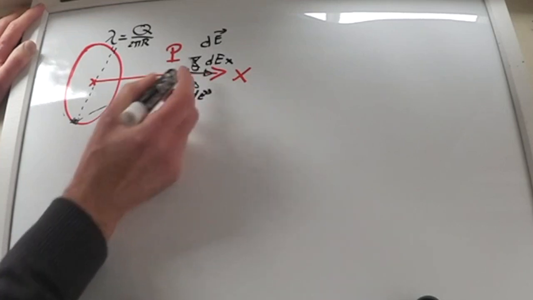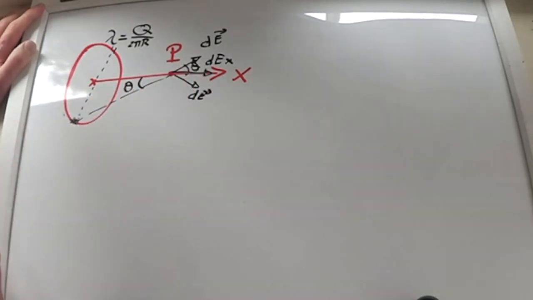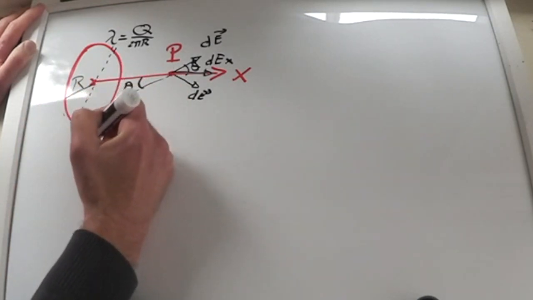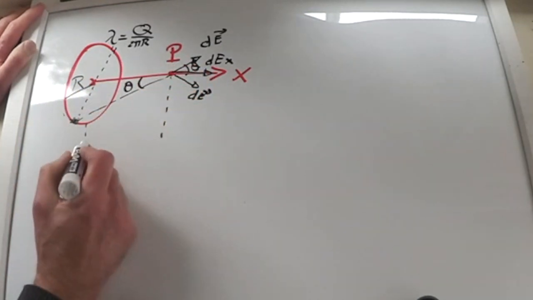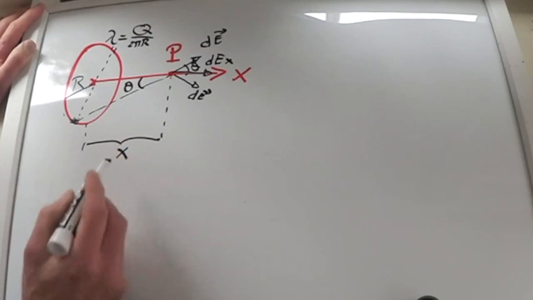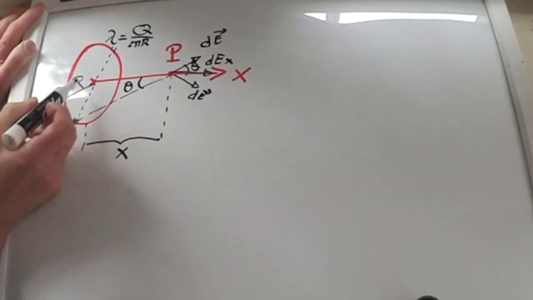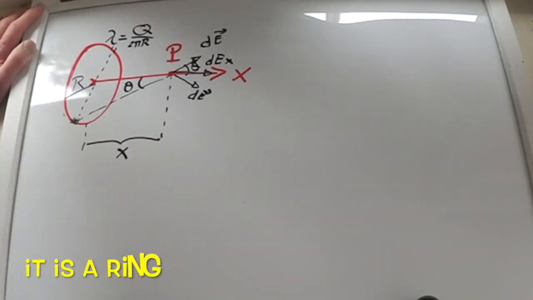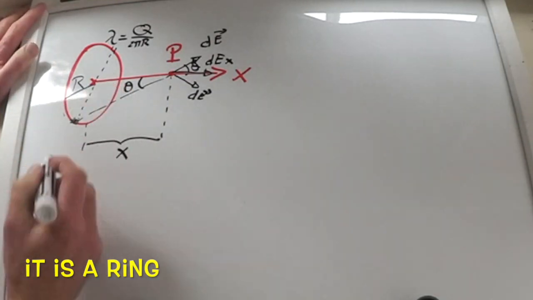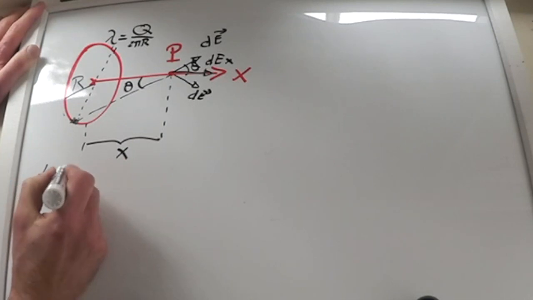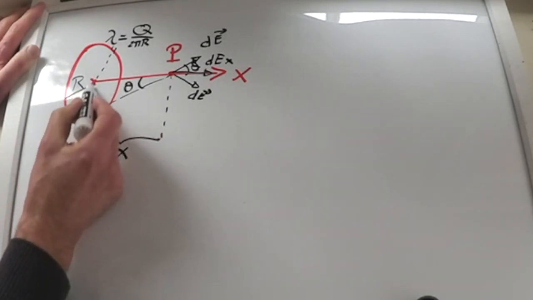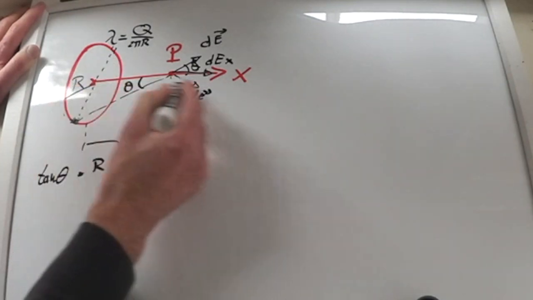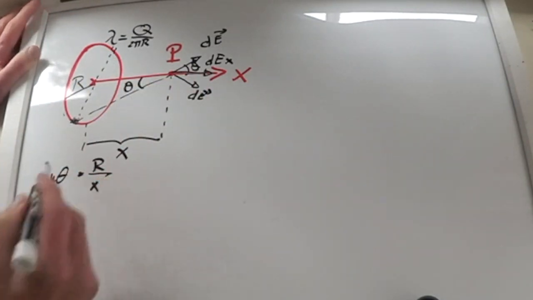So I will call this angle theta, which is the same as this theta. The radius of the ring is R. The distance from the ring to this point P is x. So the x-axis goes through the center of the disk and is perpendicular to the disk. So for this angle theta, the tangent of theta is this side, which is the radius of the ring, divided by this other side, which is just the position x.